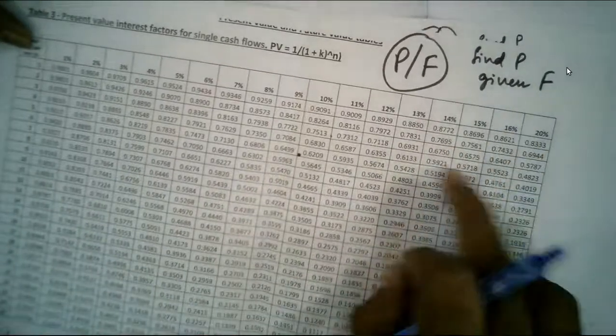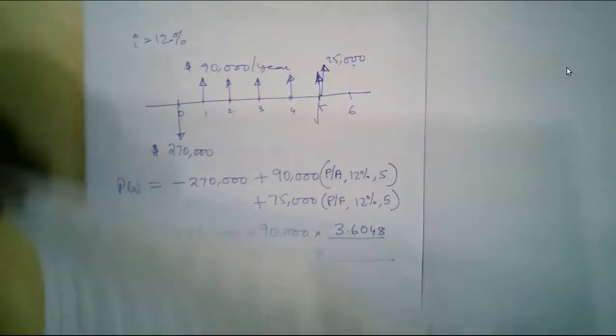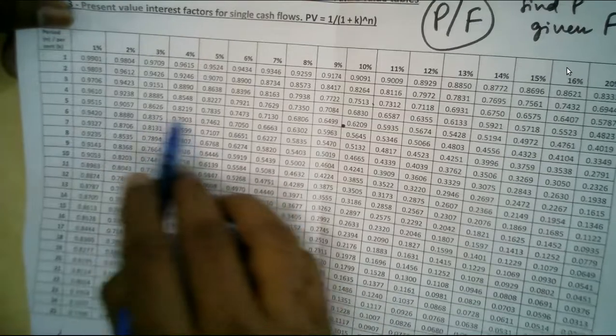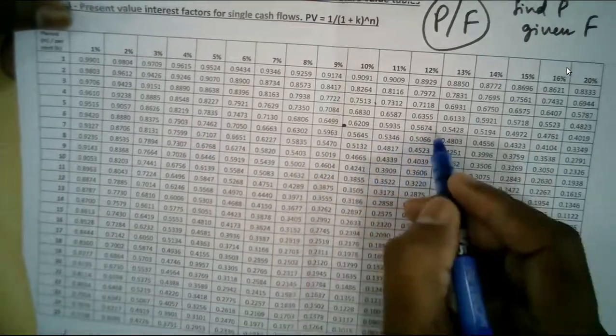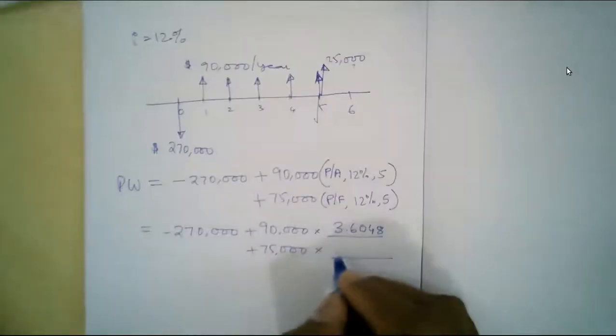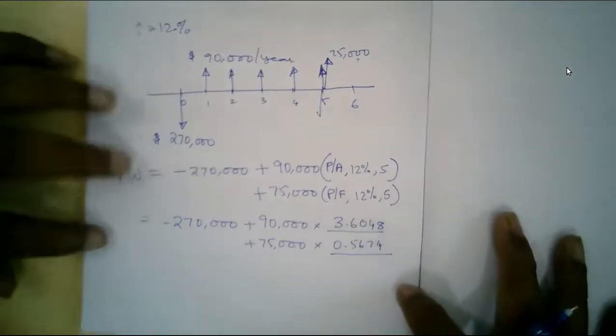I need to go for another sheet, that is find P given F. So here again, I need to go for 12% and 5 years. Okay, so the year is 5 and the percentage is 12. So 0.5674. Okay, 0.5674. So that's it. So we got the numbers.